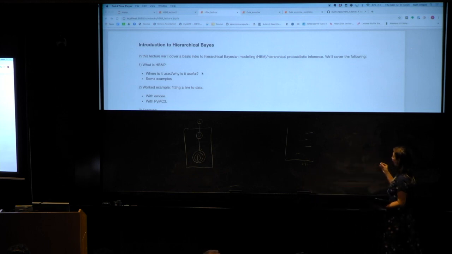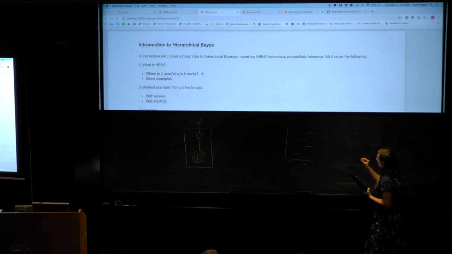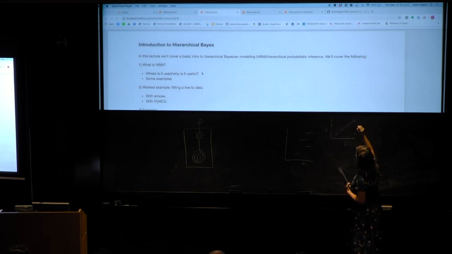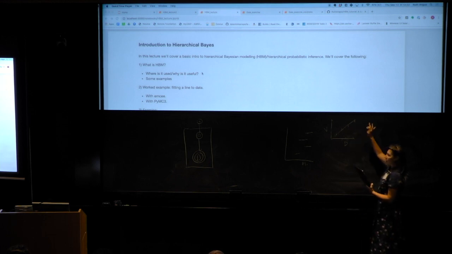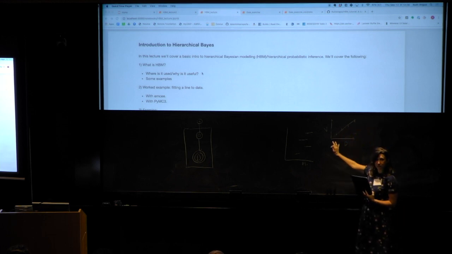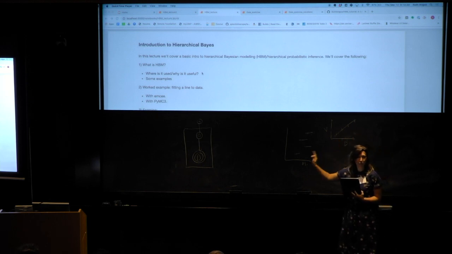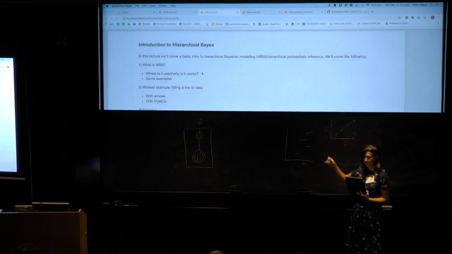So I can draw this as a PGM. Say you have your supernovae measurements of distance versus velocity, and you have a version of this for Cepheids, a version for tip of the red giant branch, and then your CMB power spectrum, which looks slightly different, but it's still data and model.